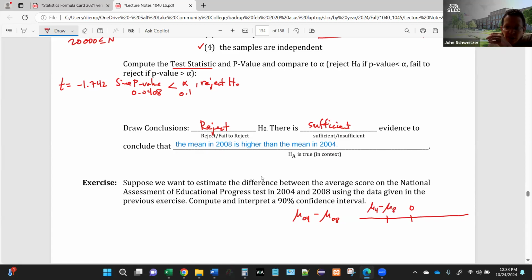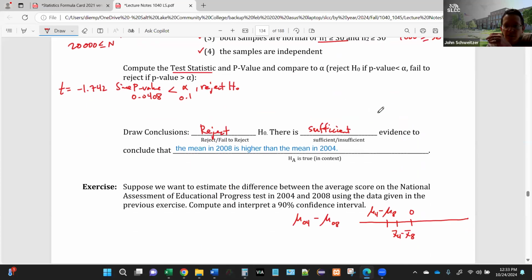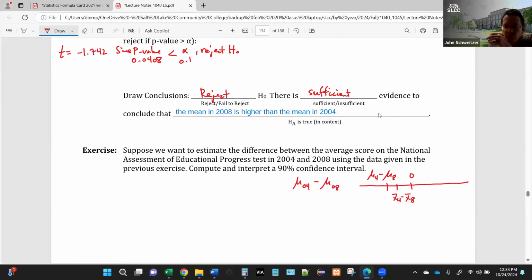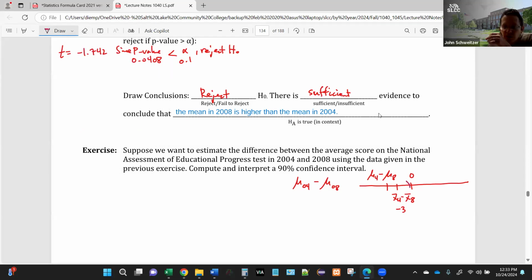So what do we do? Well, we take a difference, right? X bar 4 minus X bar 8, and we did that up here. We found that to be negative 3. So there's our point estimate, negative 3. And what we do is we put a margin of error on the left and a margin of error on the right.